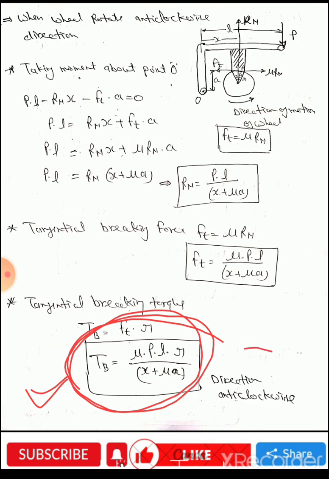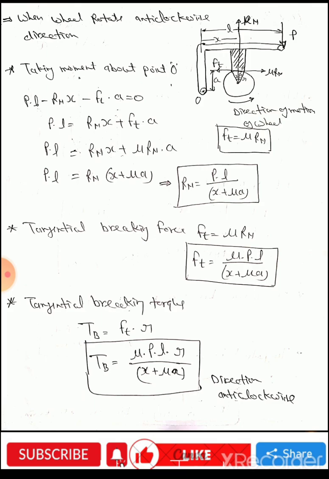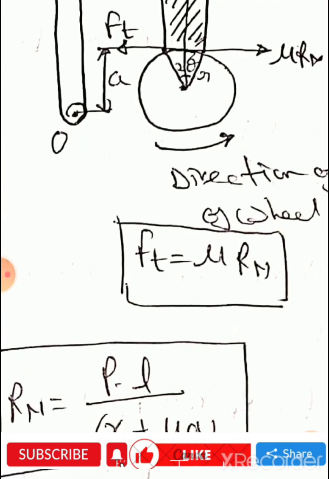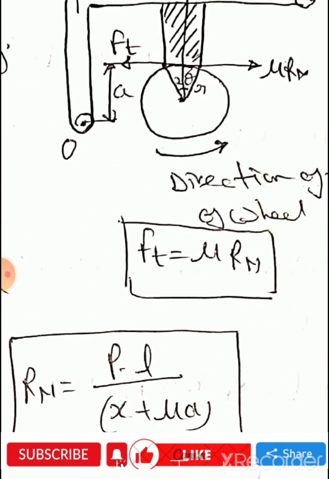Here the direction is anti-clockwise. So please see the figure. Ft is a force on the left side, the tangential braking force. r is this, and this is the center of rotation of the wheel.